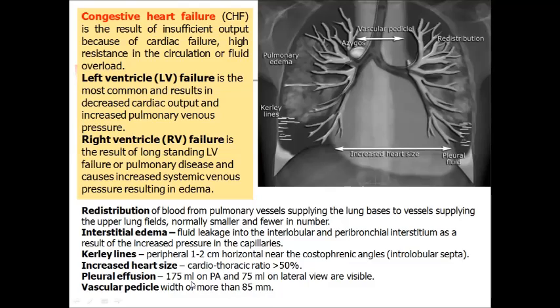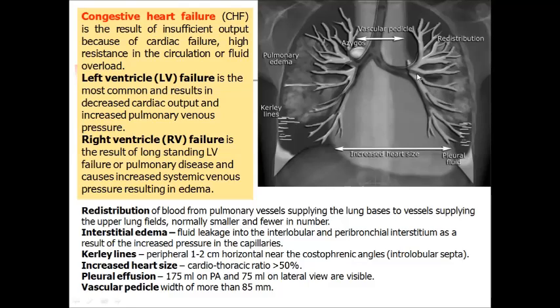Pleural effusion, presence of fluid in the pleural cavity, may be detected on posterior, anterior, and lateral fields, usually 175 milliliters of liquid is visible on posterior, anterior fields, and about 75 milliliters on lateral fields.